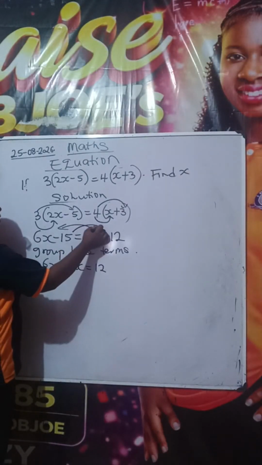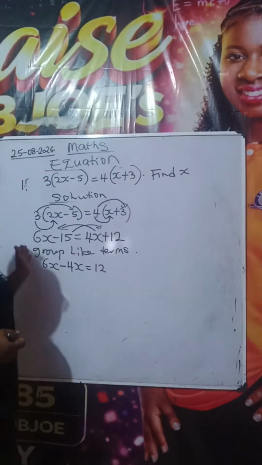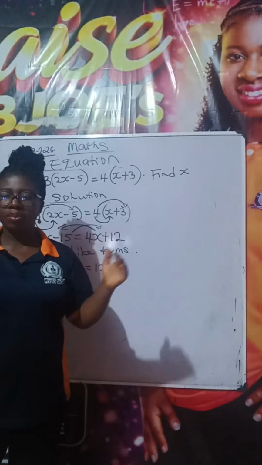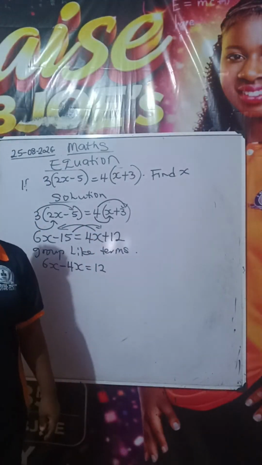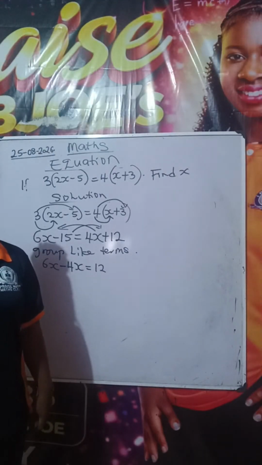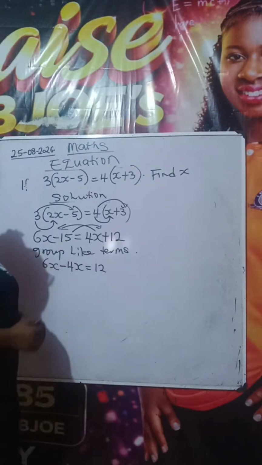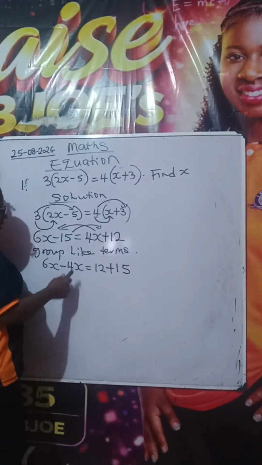Move 15 to this side. If I move the 15 to the other side, will it be plus or minus? So we are getting positive, correct, plus 15. And that would be 6x minus 4x.